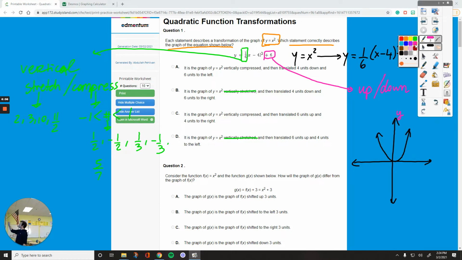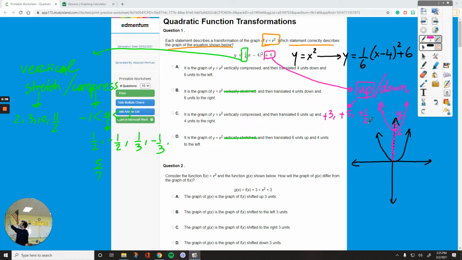When you move this up 6 units, it's going to be a curve passing through positive 6. Positive numbers on the y-axis are all up here in this area. When you see a positive number, that tells you to lift it up. Examples for this kind of movement are positive 3, positive 5, even positive 1/2. That's fine.